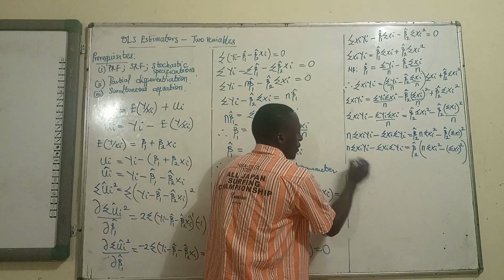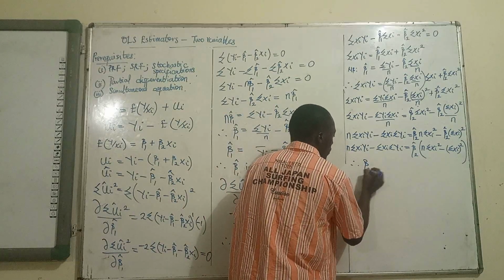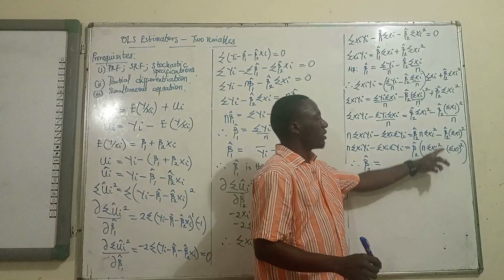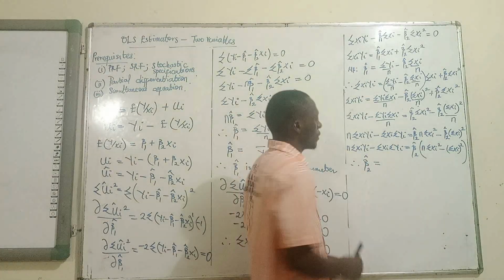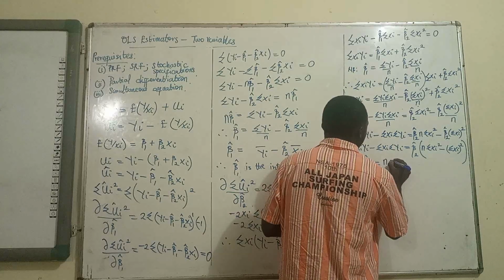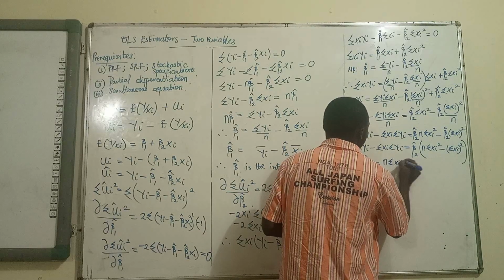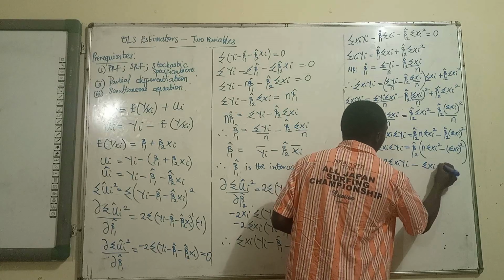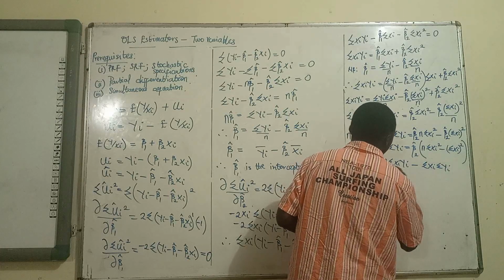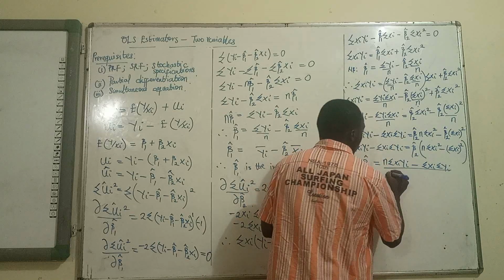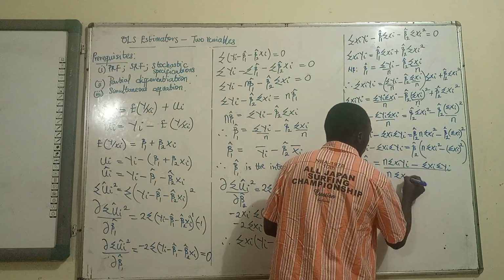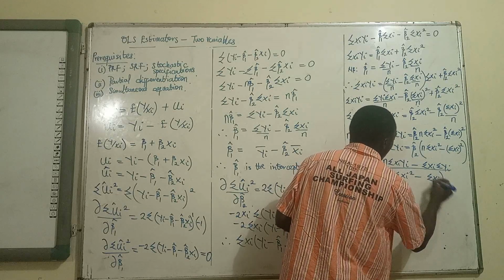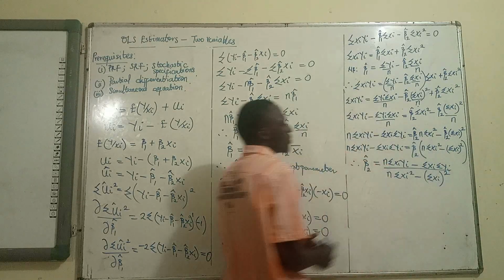I can say, therefore, beta 2 cap will be, dividing both sides by n summation xi squared minus summation xi all squared, n summation xi yi minus summation xi summation yi over n summation xi squared minus summation xi all squared.